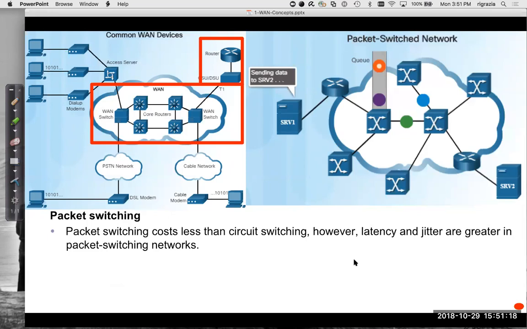So there might be some delays, and that's what we think of as latency and jitter. So the whole idea is that we have enough bandwidth, and when there isn't enough bandwidth and we need some kind of congestion control, that's where quality of service comes in. We'll talk about that in later videos.